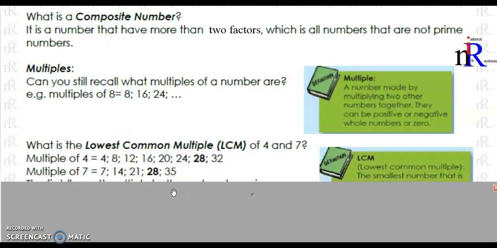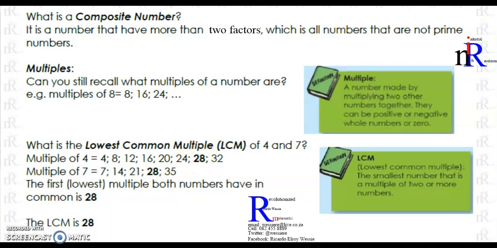We say 4, 8, 12, 16, 20, 24, 28, 32, and this can go on and on. The multiples of 7 are 7, 14, 21, 28, 35. And the first common multiple here would be 28. So the lowest common multiple is 28.